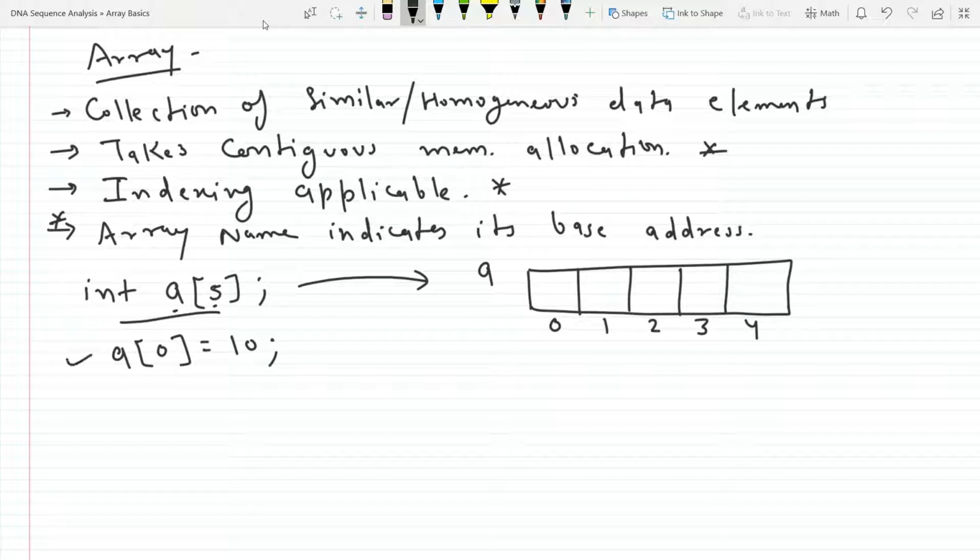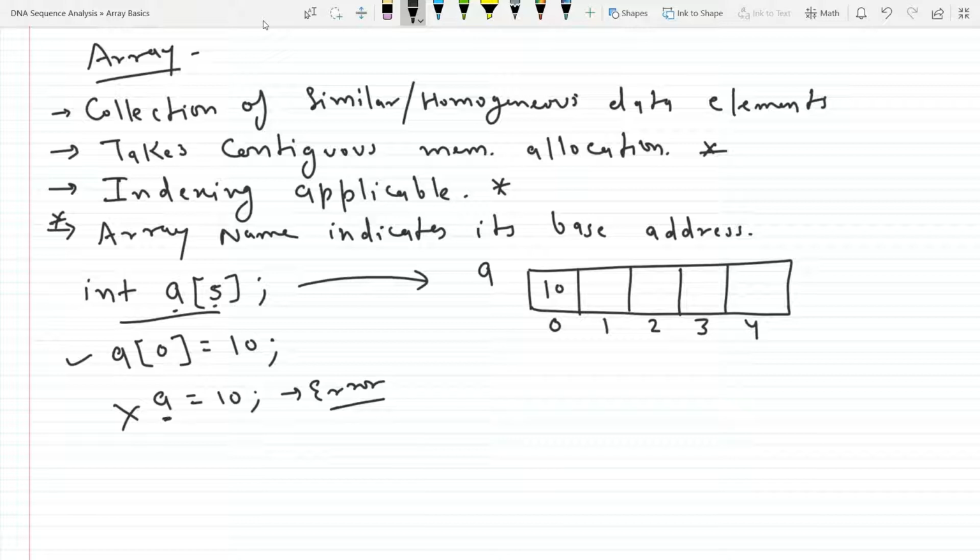The way of writing that is a of 0 equals 10. So this 10 is stored here. But if you write a equals 10, it is invalid. This will not work. This is an error.